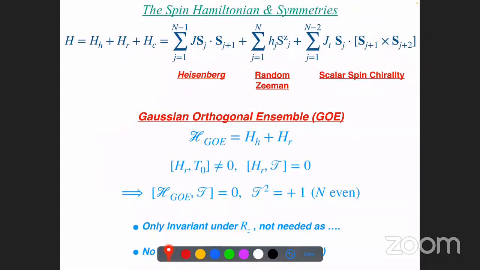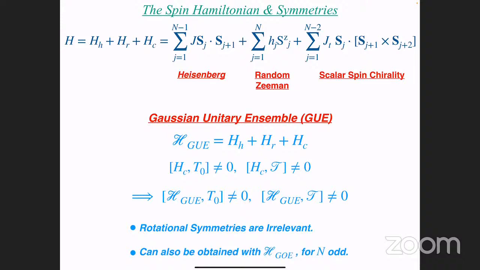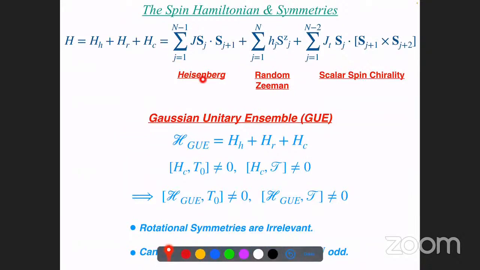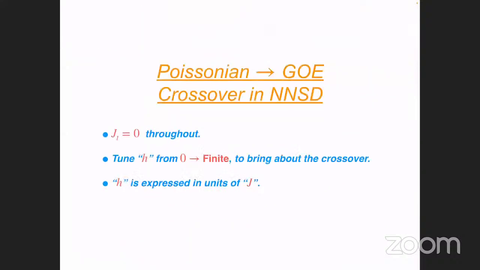In passing, we note that this can also be achieved using the H_GOE, which is basically the first two terms only, by going to an odd number of lattice sites, but we don't want to do that. We want to compare the results. So we'll always stick to this picture where we keep an even number of sites.